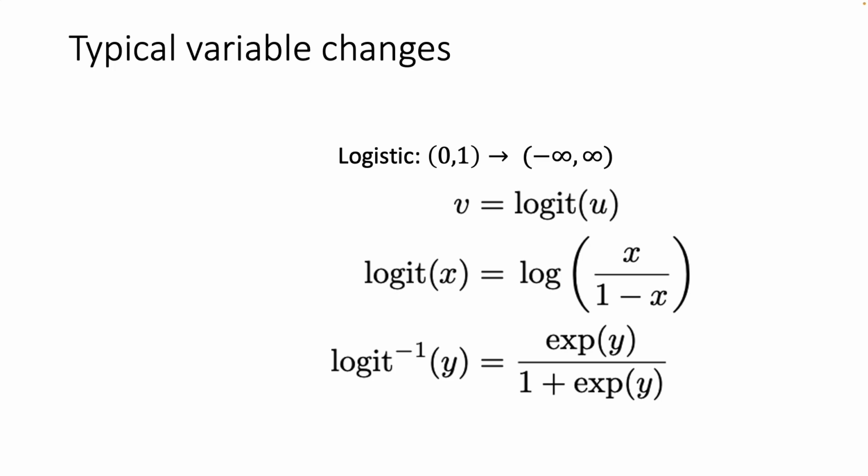However, the inverse logit, or expit as it is sometimes called, is the opposite. It gives us from minus plus infinity to 0 and 1. As you can see, the exponent value is always positive, so the numerator is always greater than 0. So at the limit it approaches 0, but it won't reach 0.